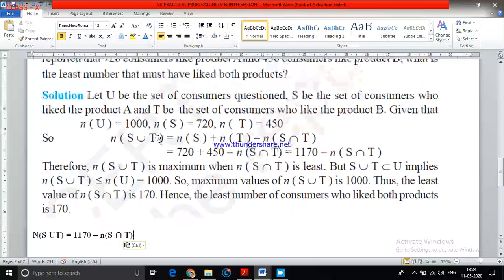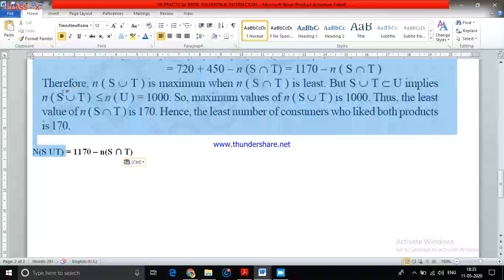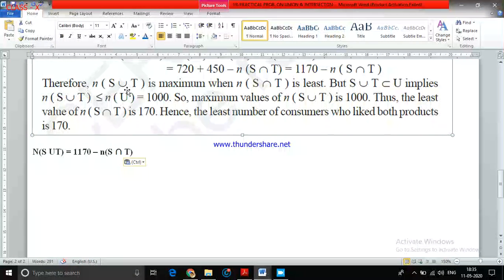Now the question is, what is the minimum number who like both the products? Now here the explanation is given. See, therefore n(S union T) is maximum when n(S intersection T) is minimum.